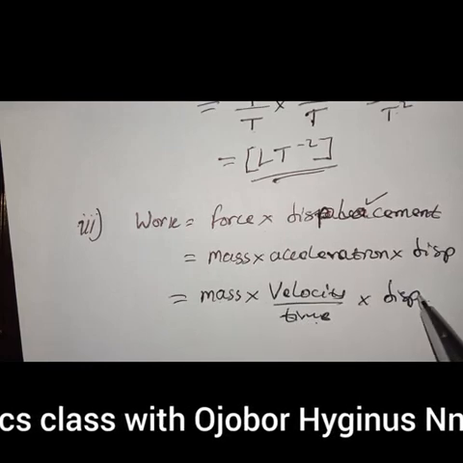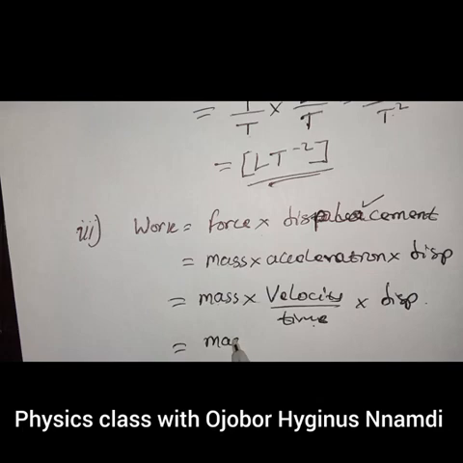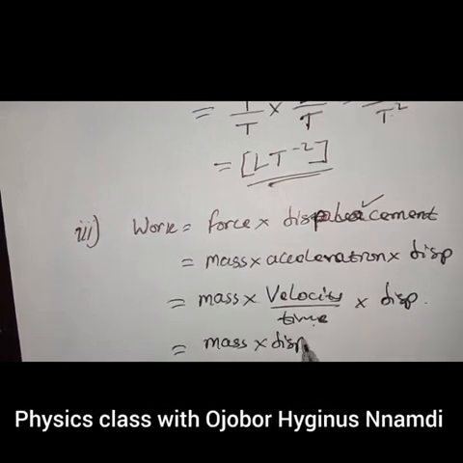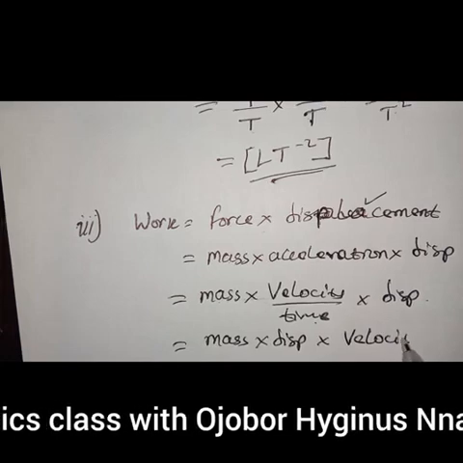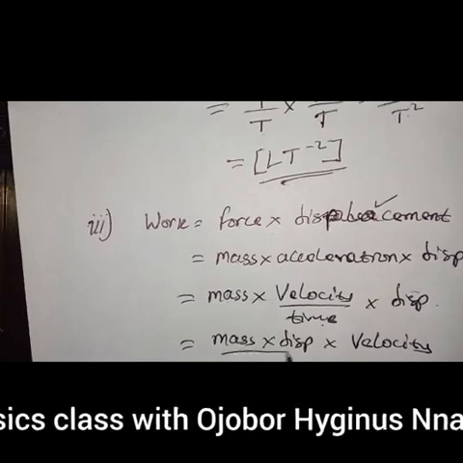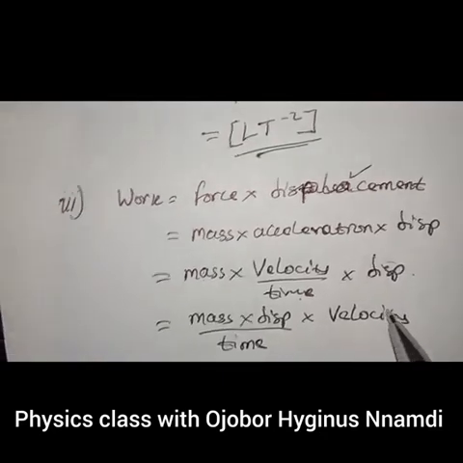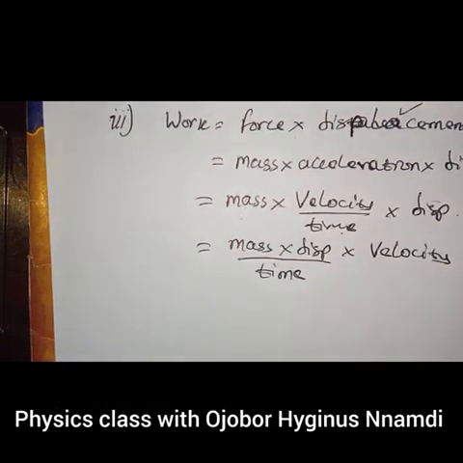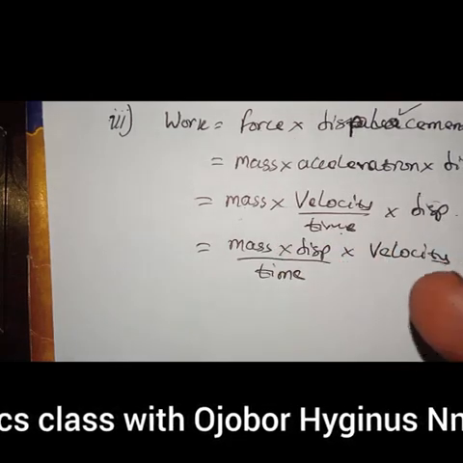So if I bring this displacement to this and to this, we have mass times displacement times velocity, those ones that are numerator. Then over time, I can put the time here instead of under velocity because I want to break down this velocity again. So I have not done anything wrong by moving the time either under mass or under displacement or under these two, because that's the only quantity that is at the denominator.